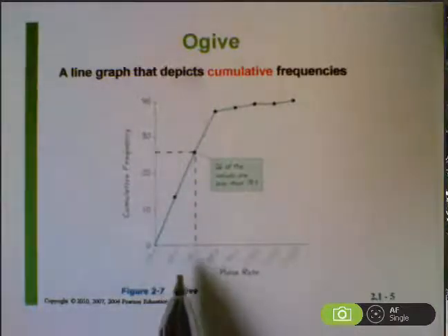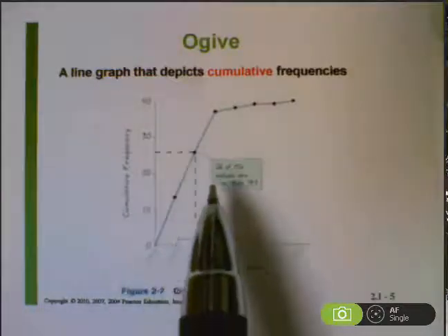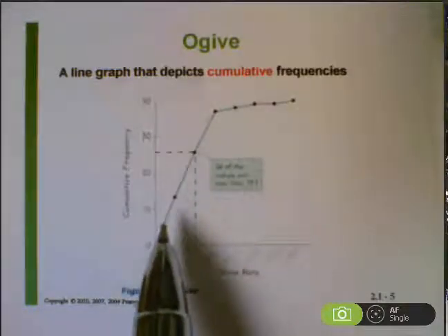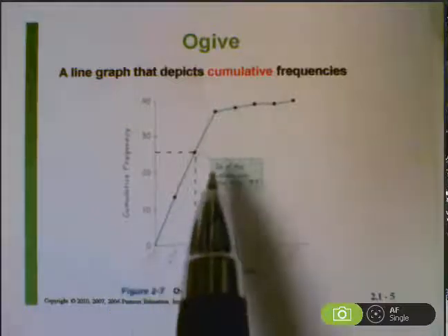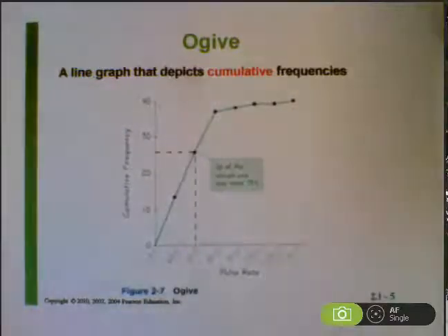So an ogive is always going to be increasing because you're always adding up the frequency of the next class.